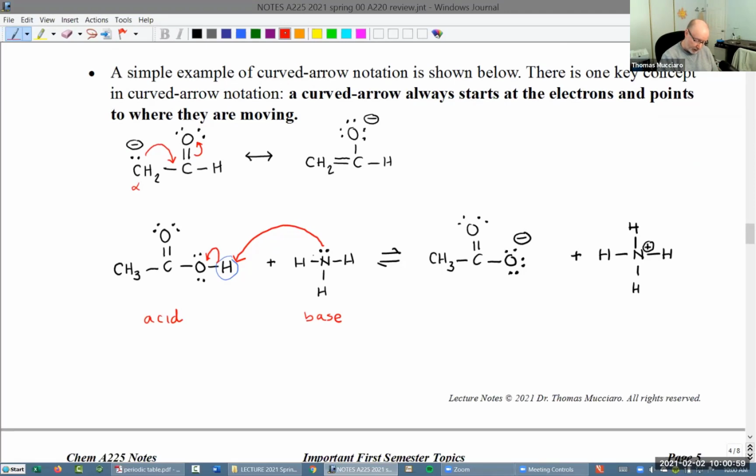is that what some people want to do that's incorrect. So this is grabbing. Right? The base is reaching out. I don't know if you can see me, and it's grabbing that hydrogen plus. Some people want to do this.